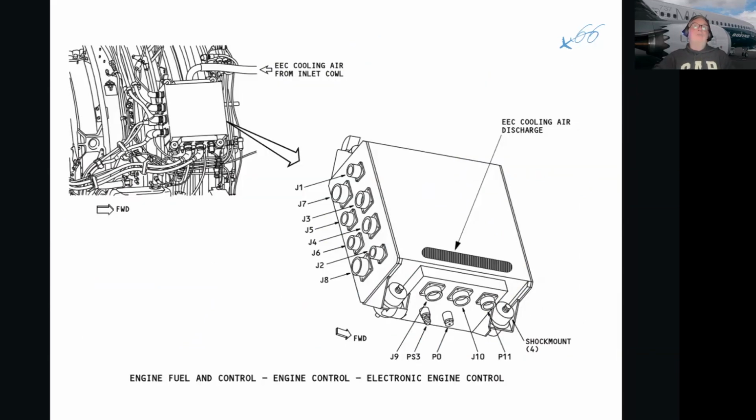So the EEC is responsible for starting, shutdown, and ignition control. It's responsible for engine thrust control. It's responsible for the reverser thrust control. It's responsible for the engine core control, the actual air going through it, VSVs, VBVs, how they're operated and everything.